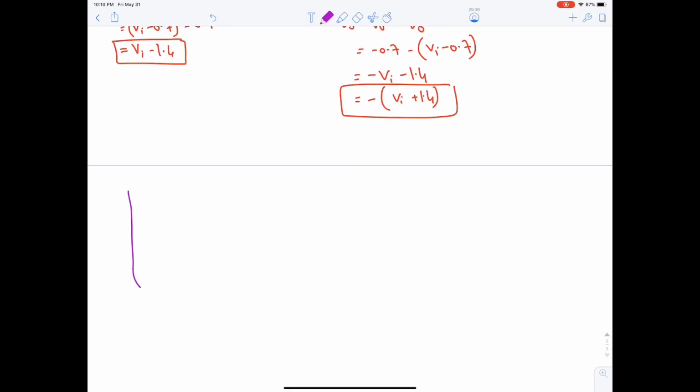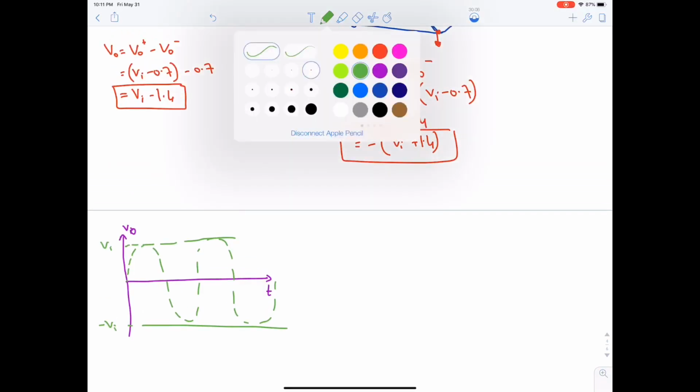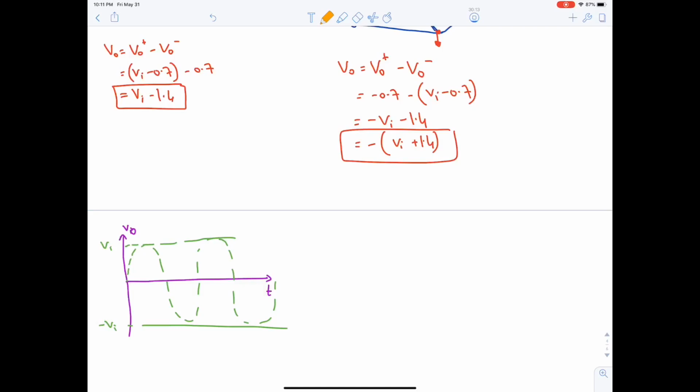And now it's time to sketch the waveform and the transfer characteristic. V output, reference, VI, minus VI. Okay, sorry, Vi is positive, then the V output is Vi minus 1.4, so it will be like this.